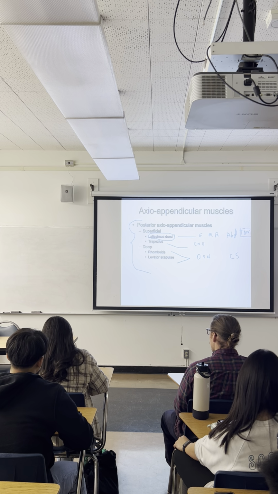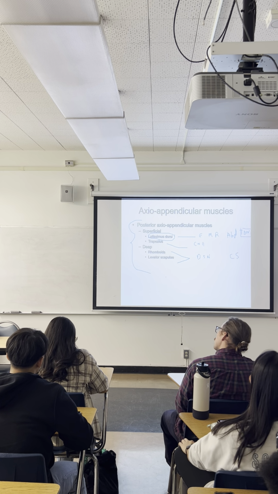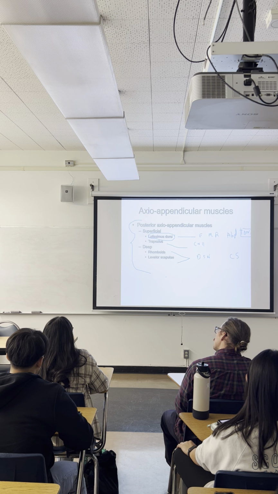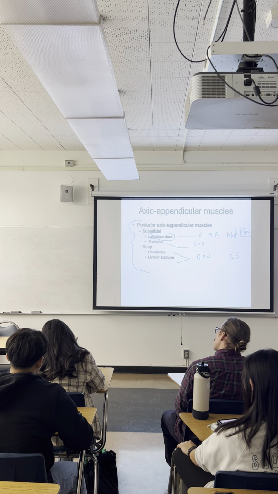Okay, so the common theme of these muscles, they can move the upper limb, and they don't have proximal attachments on the scapula. Yes, rhomboids, levator scap, even trapezius do have attachments on the scapula, but their proximal attachment is not, right? Okay.